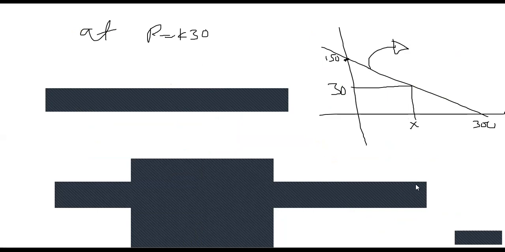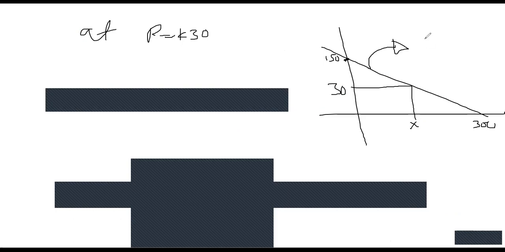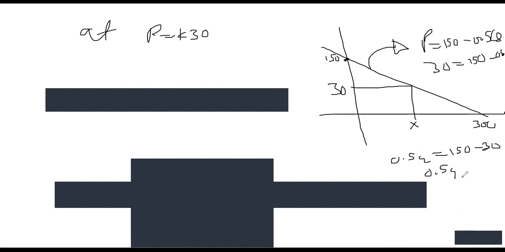What was our inverse demand function? 150 minus 0.5Q. So price has been given as 30, so we put 30 there. So we're going to have 0.5Q is equal to 150 minus 30. So here we're going to have 120. So our Q here will be 240. So this is where the 240 is coming from.